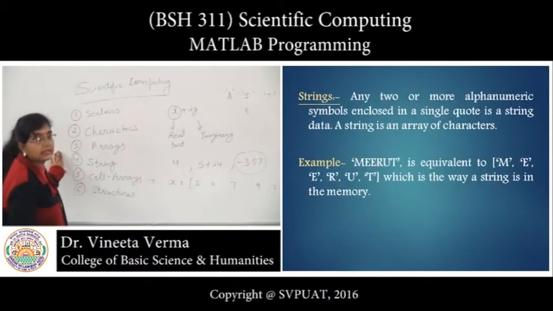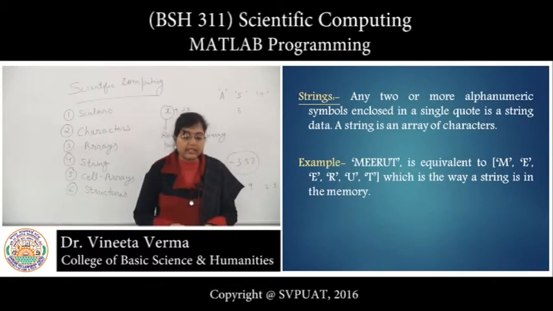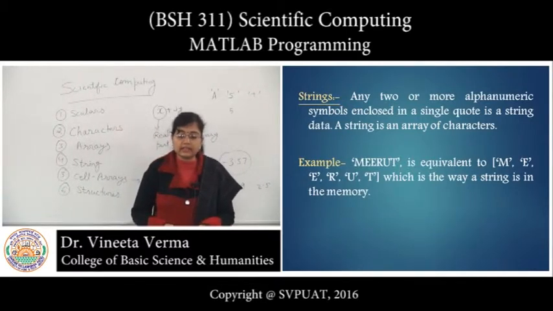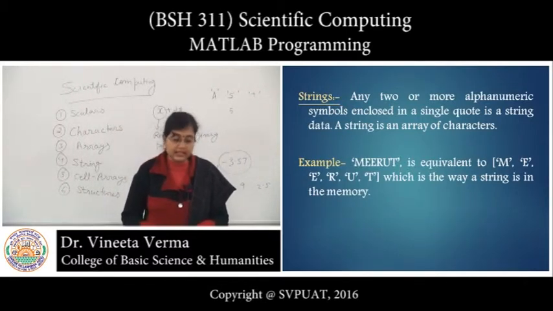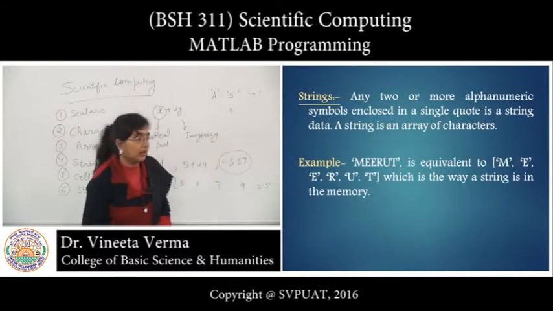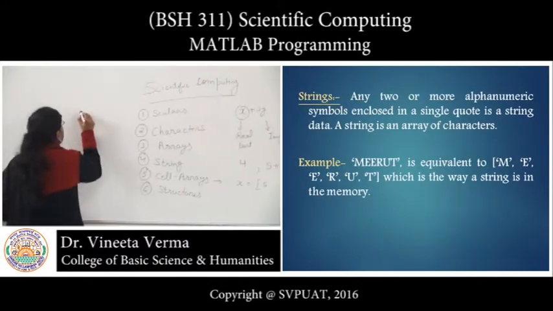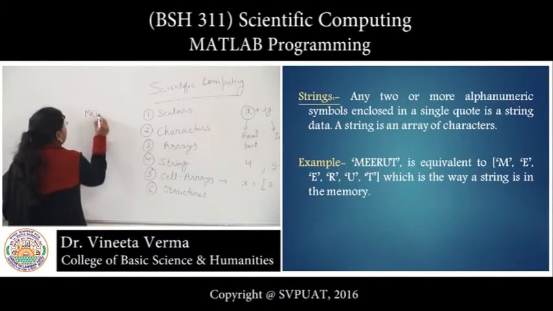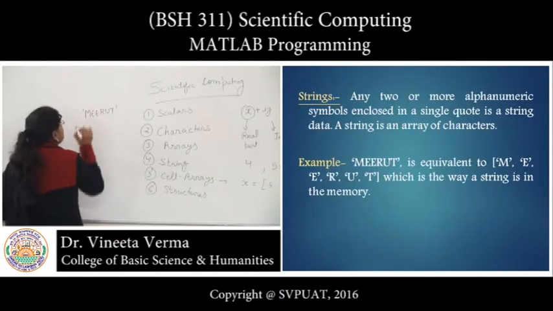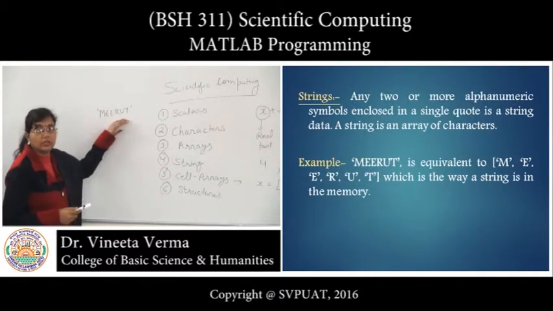Next one is string. What are strings? Strings are any two or more alphanumeric symbols enclosed in a single quote. A string is an array of characters. Example, suppose 'merit'. It is also represented in a single quote.